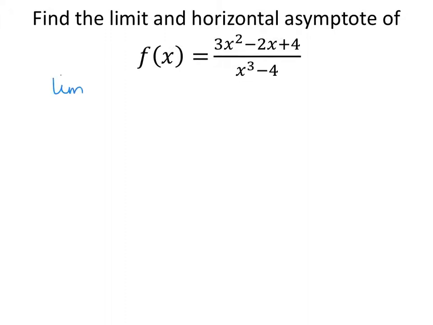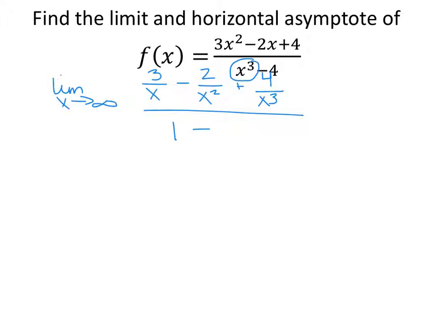So I have the limit as x approaches infinity. Again, I'm dividing everything by this highest exponent. So this is going to become 3 over x minus 2 over x squared plus 4 over x cubed, all over 1 minus 4 over x cubed. I'm just dividing, and sometimes you do that in your head, that's okay.